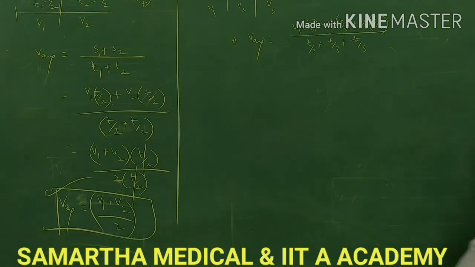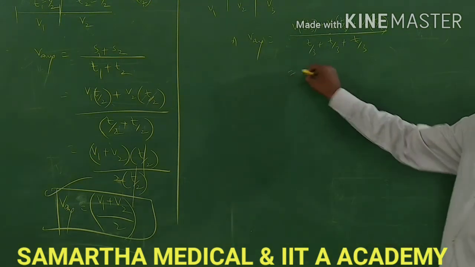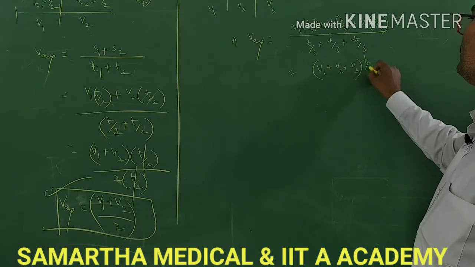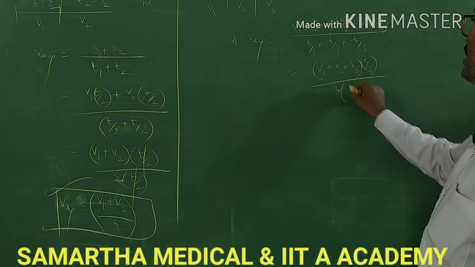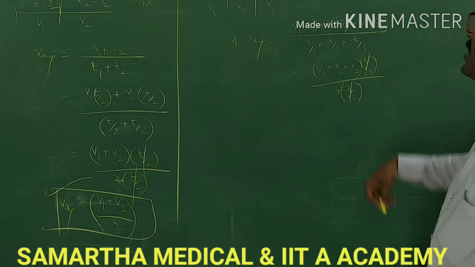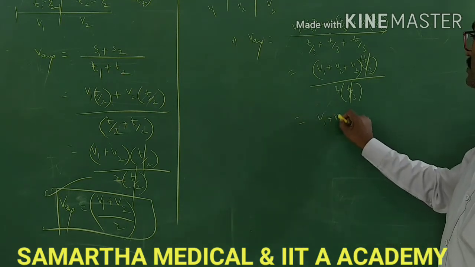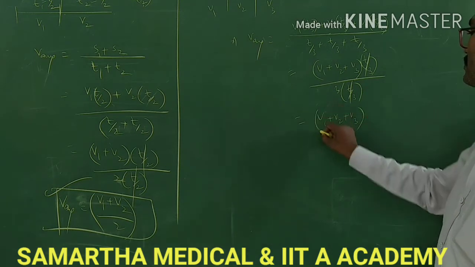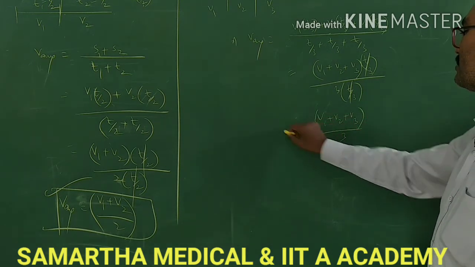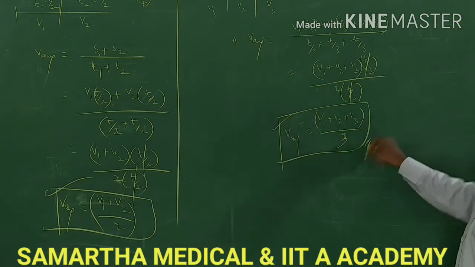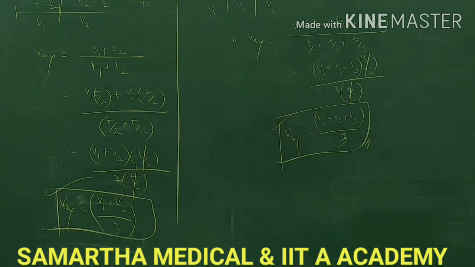So v1 plus v2 plus v3 into t by 3, divided by 3 times t by 3. T by 3 cancels. What will you get? That is nothing but the average speed. Okay? Right, next.